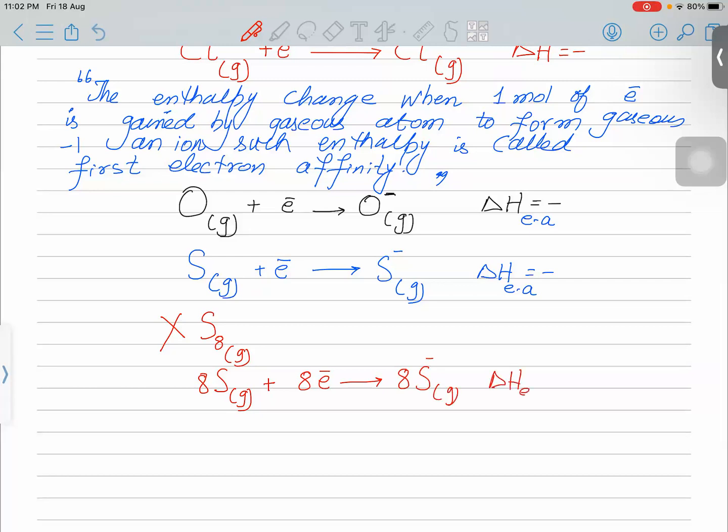So this electron affinity is negative, but 8 times, because electron affinity is for one atom, for 1 mole. For 8 moles it should be multiplied by 8. Alia, are you getting this point? Yes, sir. Okay.